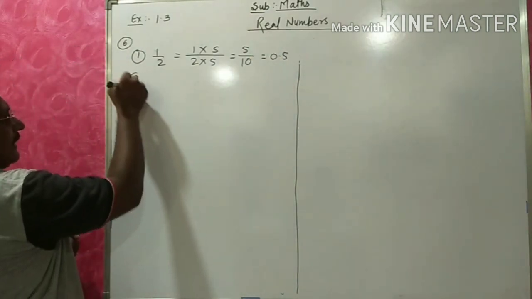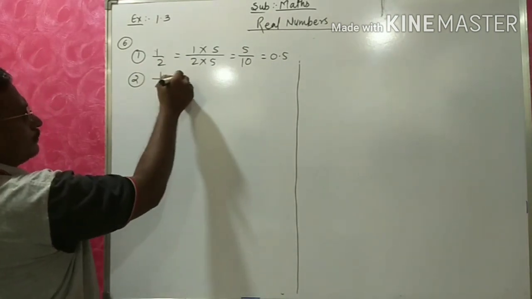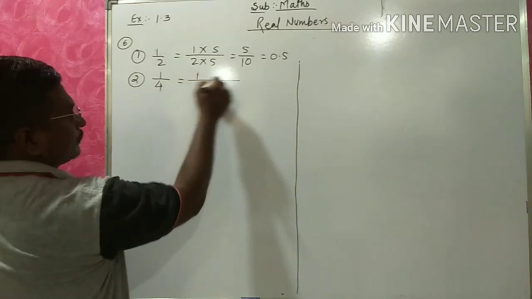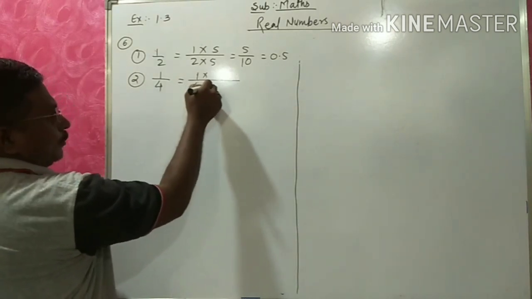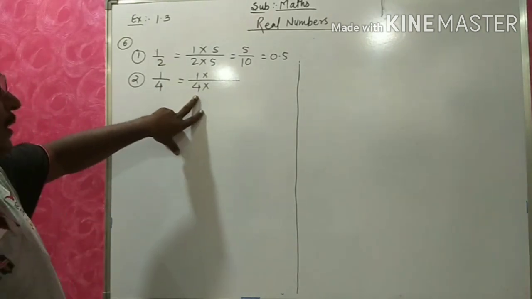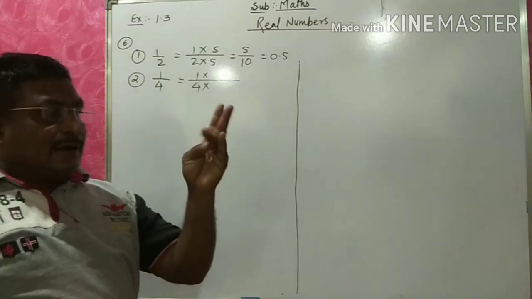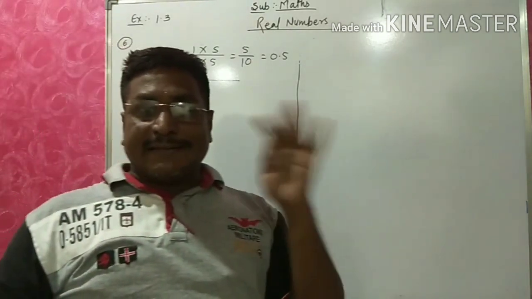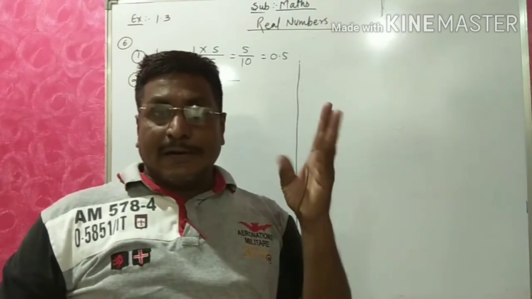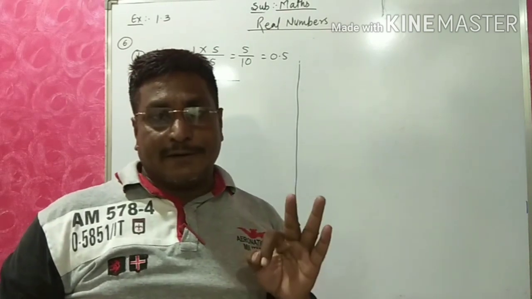Now second we will take 1 by 4. Here the denominator is 4. Which number multiplied by 4 gives 10? No number. So other than 10, we need 100, 1000, numbers like that in the denominator.